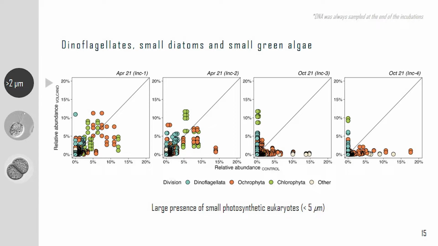And we saw that we got 3 main organisms that were responding to these hydrothermal fluids. These were dinoflagellates, ochrophytes, and small green algae. All of them are small photosynthetic eukaryotes, with a size of 5 micrometers maximum.